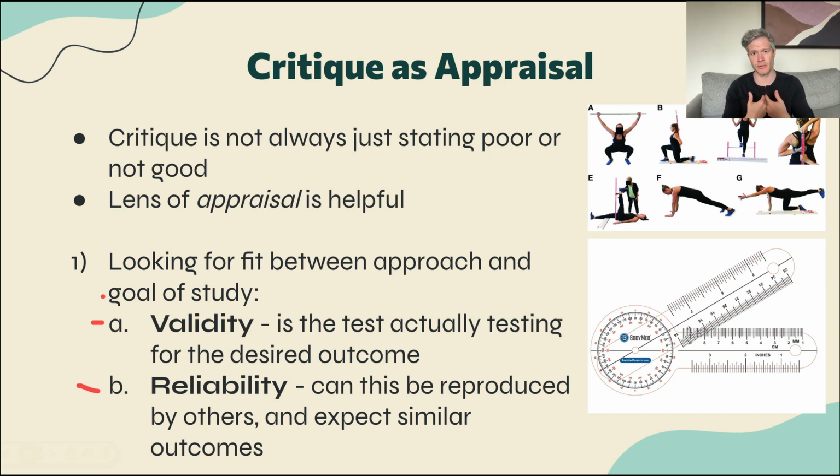And the more subjective the measure is, so the more that my opinion and my bias has on me generating a score for whatever measure, the more likely it is to have poor reliability, right? Because my opinion and thoughts are going to be different than the next person, likely. Okay, this isn't always the case.